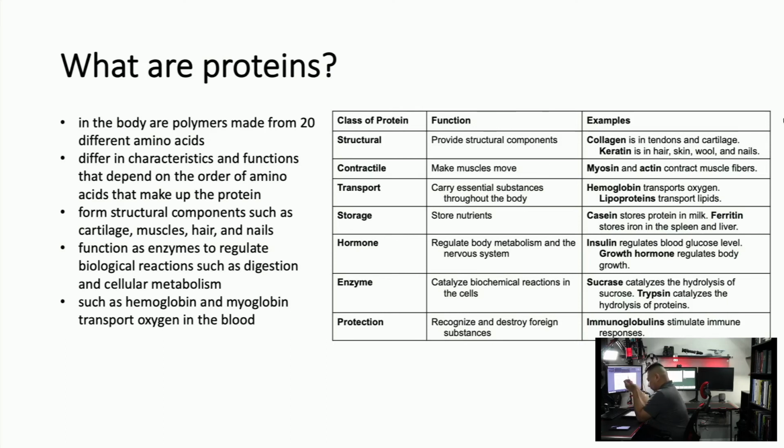So what are proteins? Well, proteins are made up of essential amino acids and regular amino acids. They do plenty of things in your body and every other living organism's body.